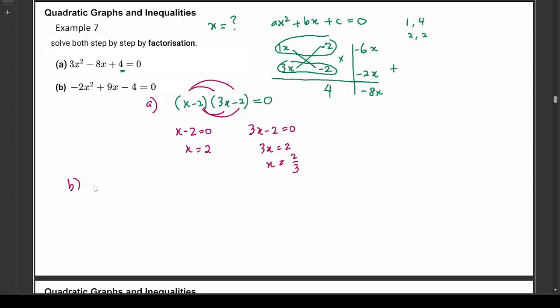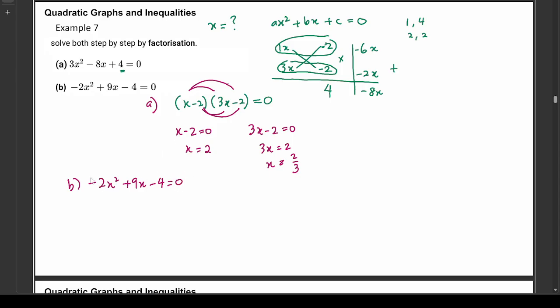Now, for B, you have a negative A, right? So normally you can factorize with negative A, but it would be easier if we change it to positive, right? It's easier if you change it to positive. So this is an equation. It's very easy.